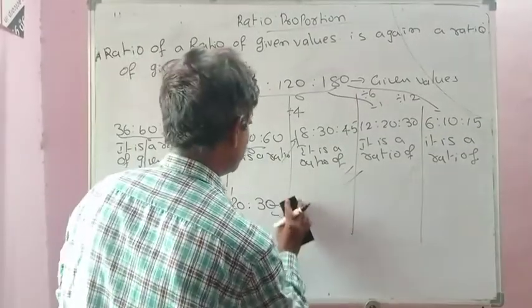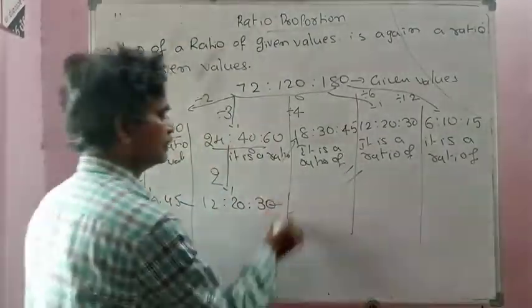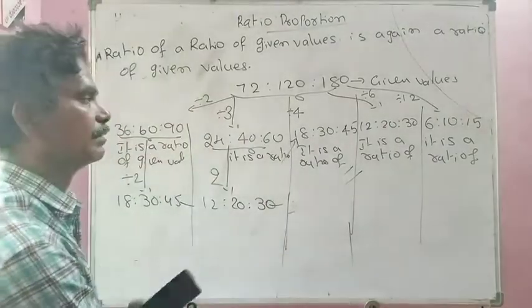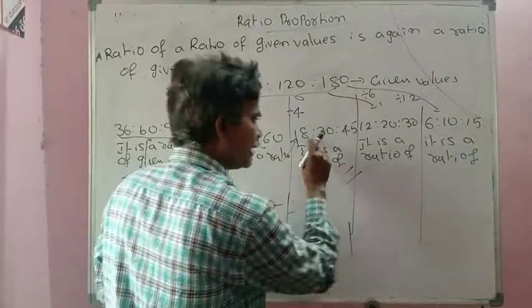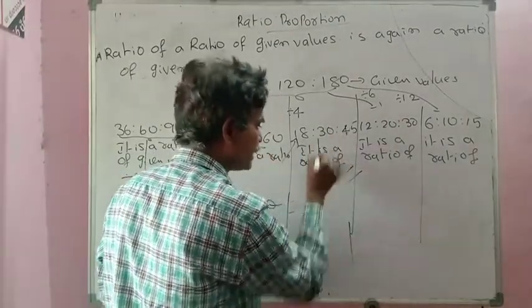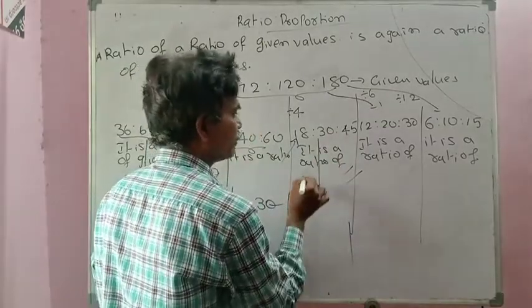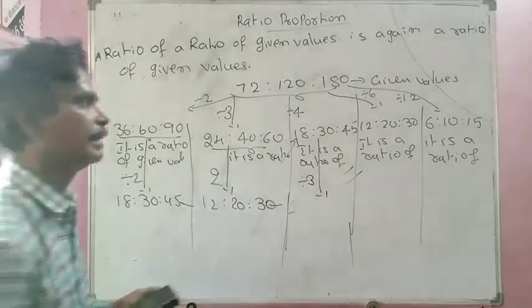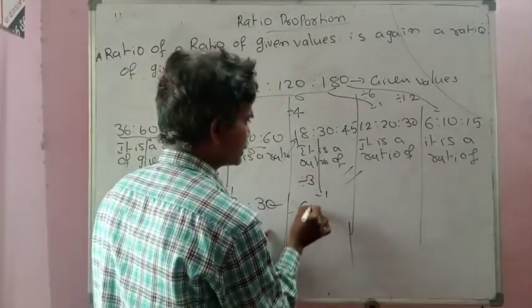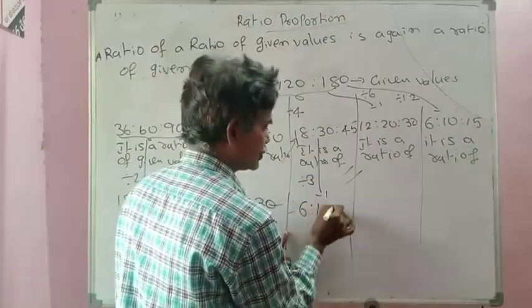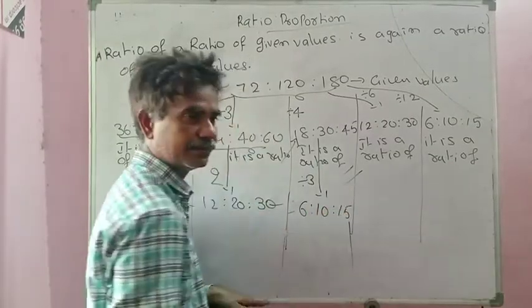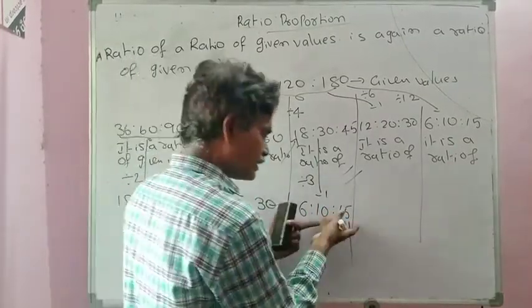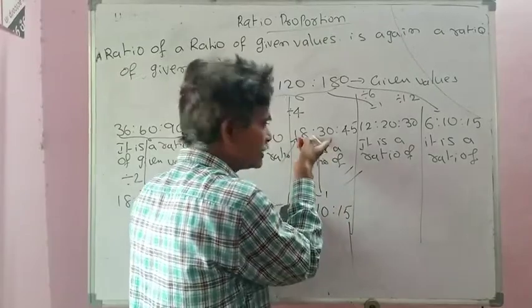And let us find out ratio of this ratio. For that, let us divide this ratio by 3. Then we will get 6 is to 10 is to 15. This is the ratio of an already existing ratio.